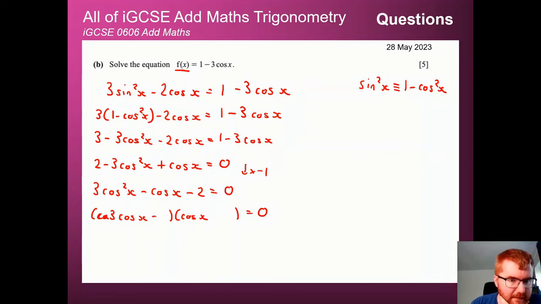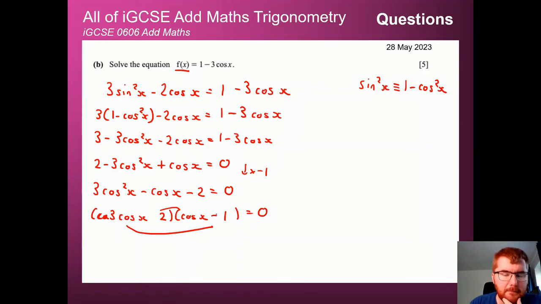I think we can. We put a minus 2 here and a plus 1. If we check those cross terms, 3 cos x times 1 is 3 cos x, minus 2 times cos x, minus 2 cos x, 3 cos x minus 2 cos x is just plus cos x. So notice we've got the right idea here, but we just need to switch over the signs. This is why I double check these things.